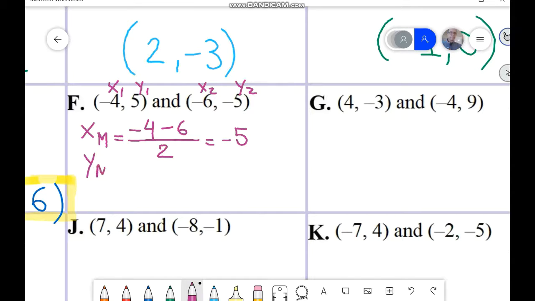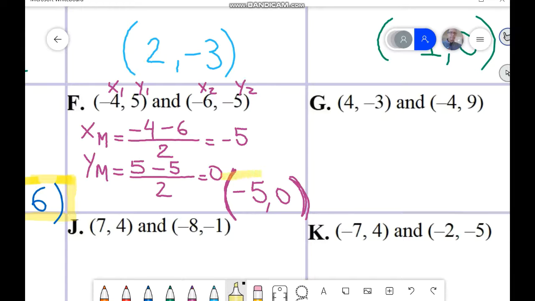And y of the midpoint is y1, 5, plus y2, -5, over 2, which equals 0. So the answer is an ordered pair. You have to represent it using parentheses always: (-5, 0). Okay, don't forget the parentheses. When you have an ordered pair, the parentheses say the first number is x, the second number is y.